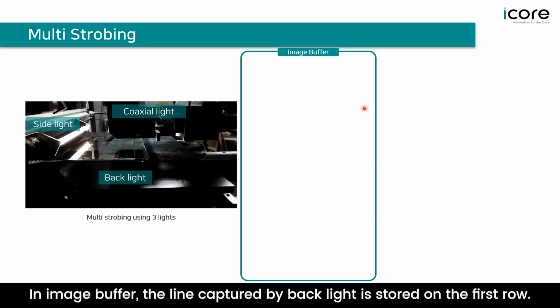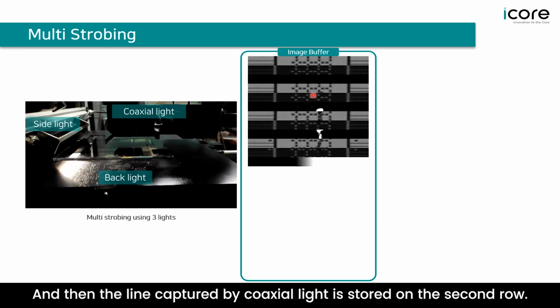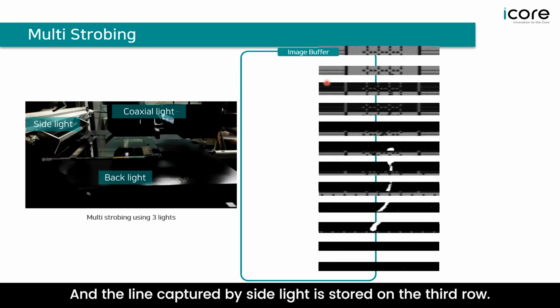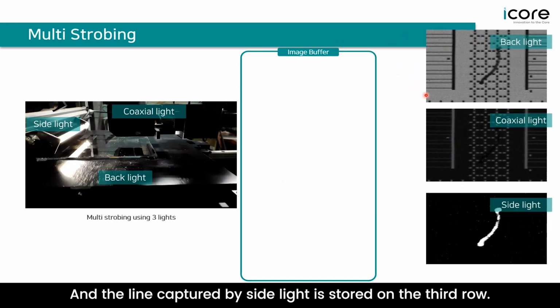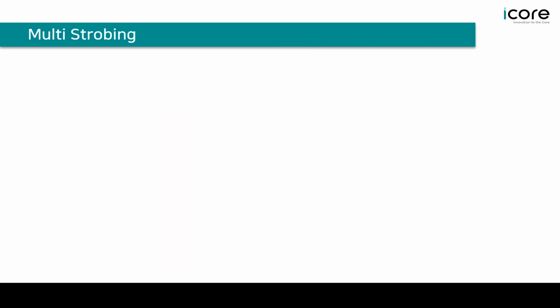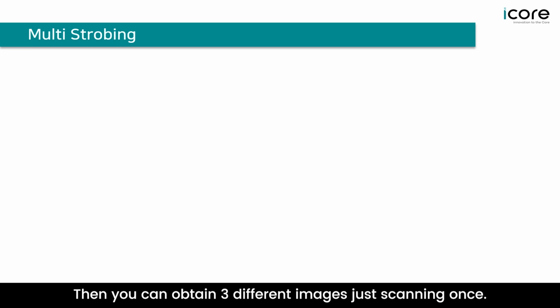In image buffer, the line captured by backlight is stored on the first row, and then the line captured by coaxial light is stored on the second row, and the line captured by side light is stored on the third row. After scanning, you need to split the image into three using software. Then you can obtain three different images just scanning once.